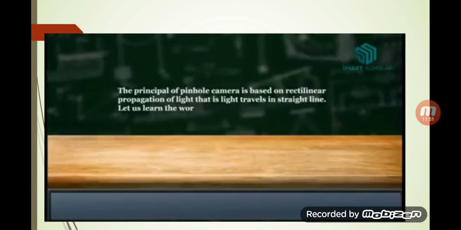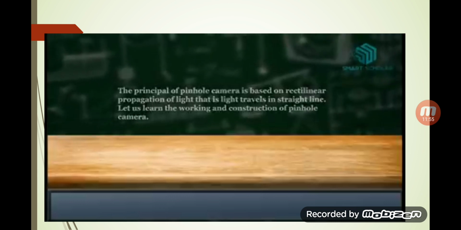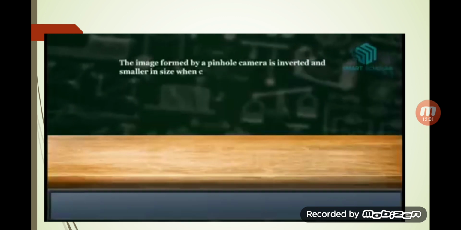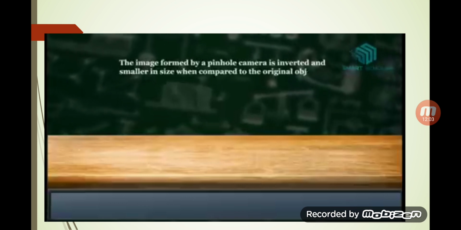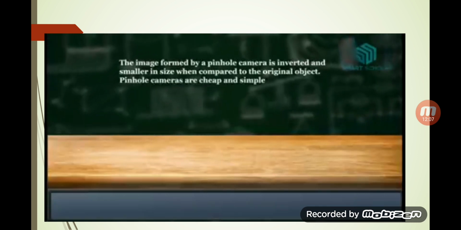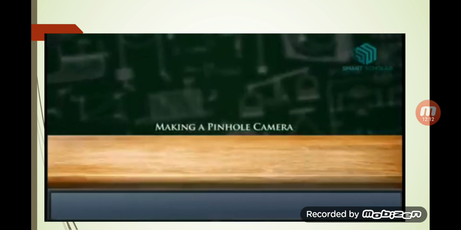Let us learn the working and construction of a pinhole camera. The image formed by a pinhole camera is inverted and smaller in size when compared to the original object. Pinhole cameras are cheap and simple to make. Let's learn how to make a pinhole camera.